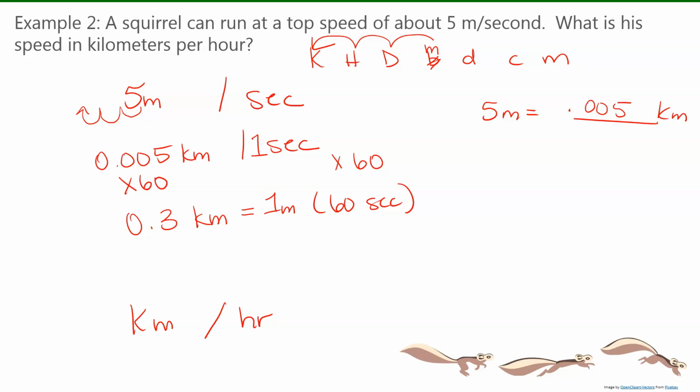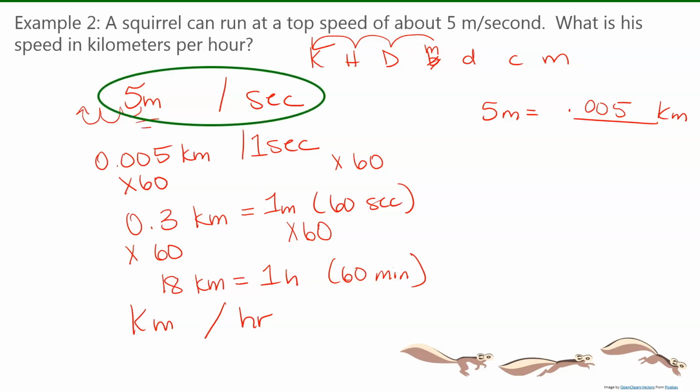And we want to change minutes into hours, so in order to change that into hours, I would also have to multiply 1 minute by 60, and that would give me 60 minutes, which is equivalent to 1 hour. And because I multiplied by 60 there, I have to multiply by 60 on the left. So 0.3 times 60 gives me 18 kilometers in 1 hour.